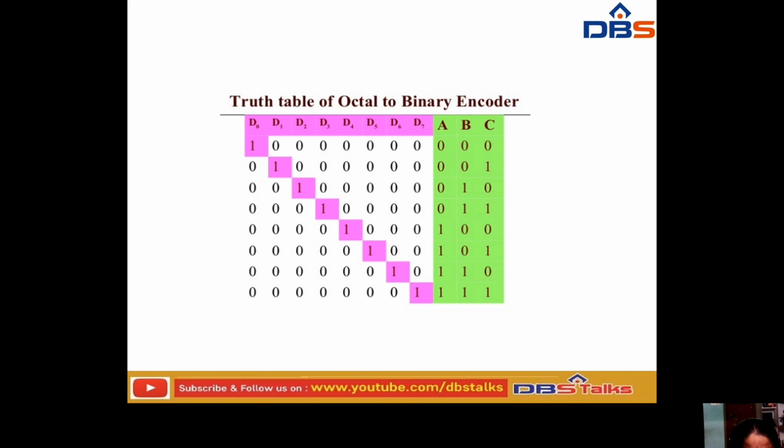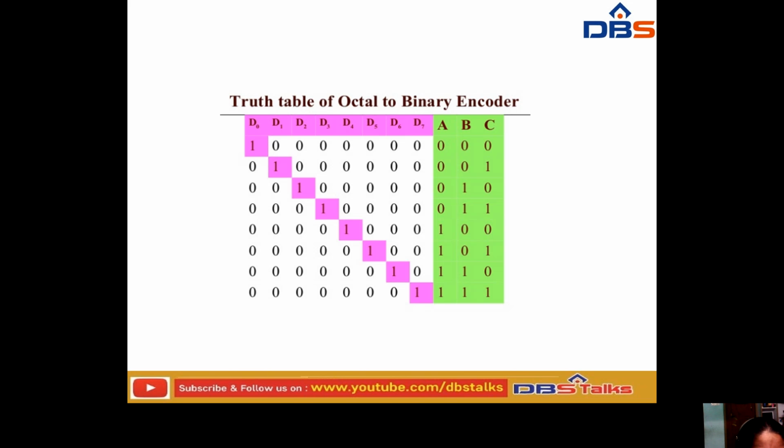And next one, 101, that is the value 5. We have already discussed the binary to decimal combination, so I think we should not discuss it at this time. So at the 5th place we will place 1, and the rest of the values will become 0. And here 110, that is 6. So at D6 we will keep the value 1, and the rest of the places will become 0.